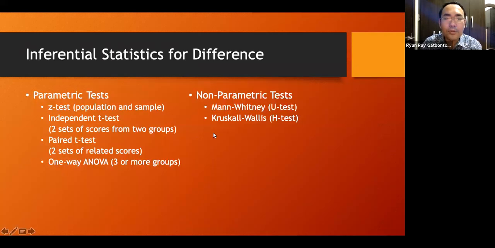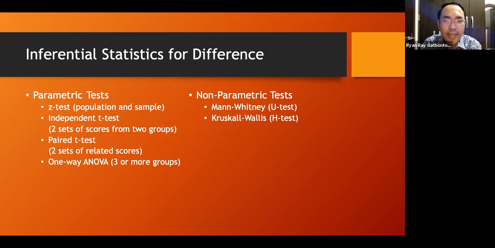Now, there are two major types of inferential statistics that can answer questions of difference. The first one is your parametric tests, usually applicable for data at the interval and ratio level of measurement.